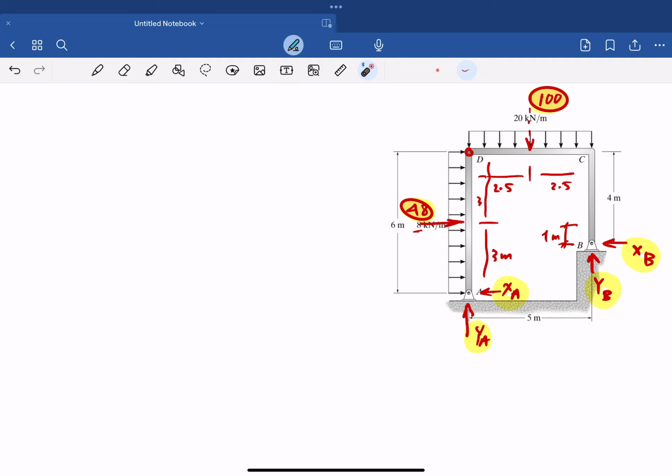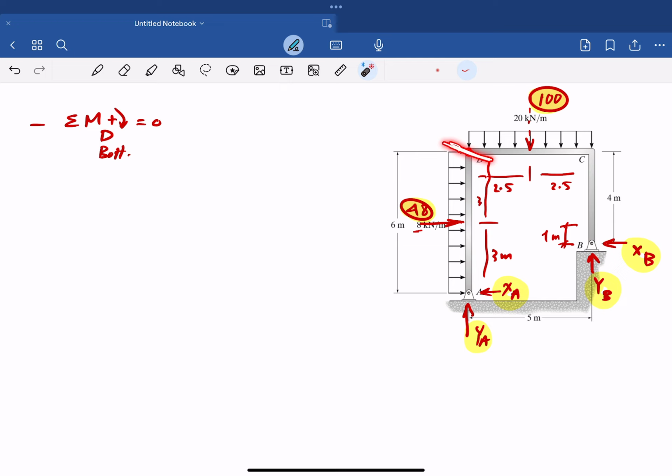So as we discussed now, let's start by taking summation of moment at D, but for the bottom part, equal to 0. It means we will take a moment here for this bottom part. In this case, we have how many forces? We have X at A, and we have, this is 48.